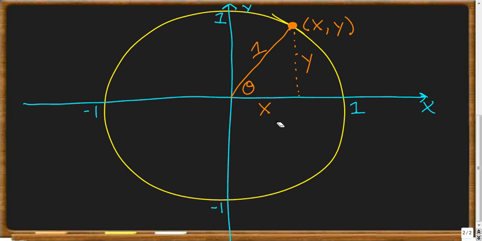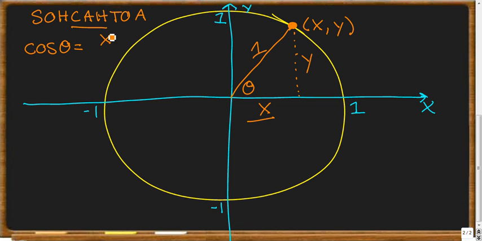The reasoning behind this is that if you think about SOHCAHTOA, so I'm going to write it over here, the cosine of our angle, which we're calling theta, so the cosine of theta, is the adjacent side to theta, which is x, divided by our hypotenuse, which is 1. Well, that's just x.